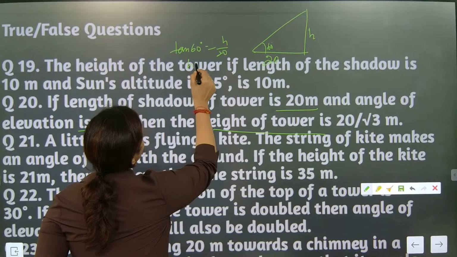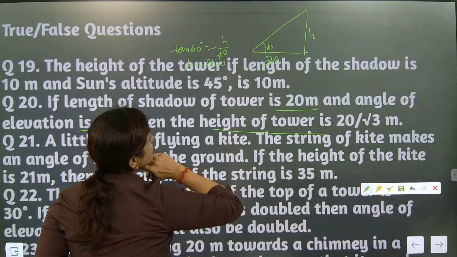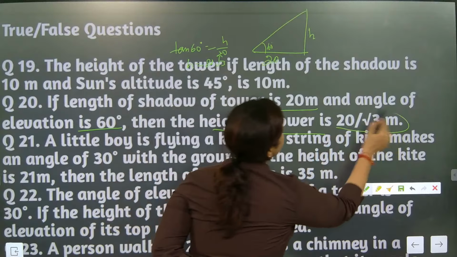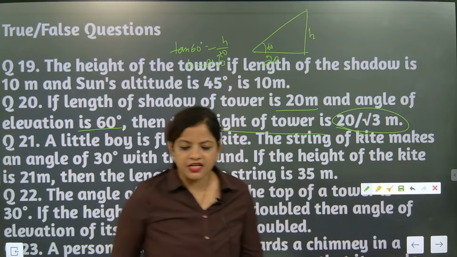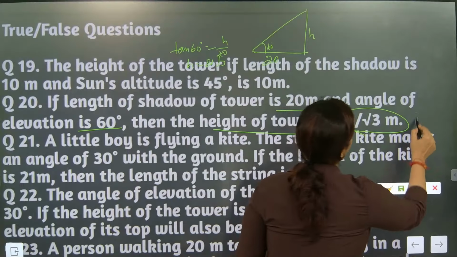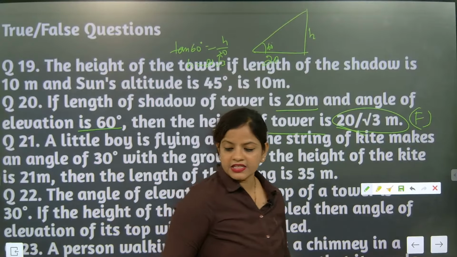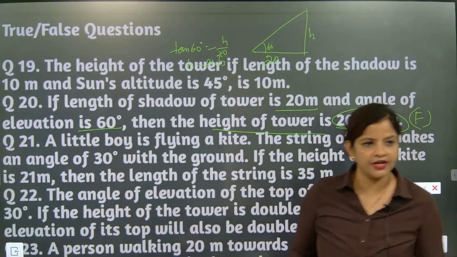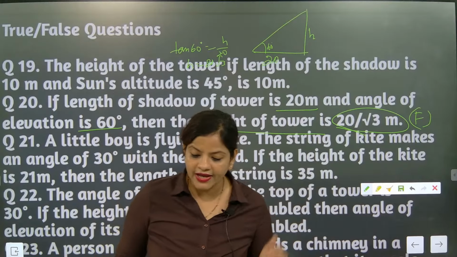So h will be equal to 20 root 3. Understood? Because tan 60 is there. But here it is written 20 by root 3. Is it true or false? The correct answer is it is a false statement, not a true statement. The answer is 20 root 3, but here it is given as 20 by root 3.